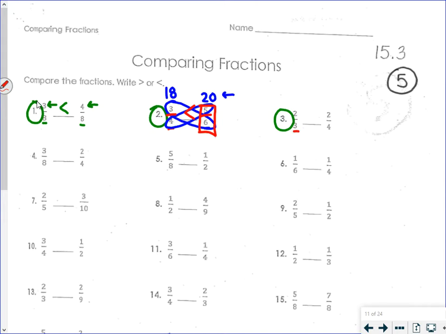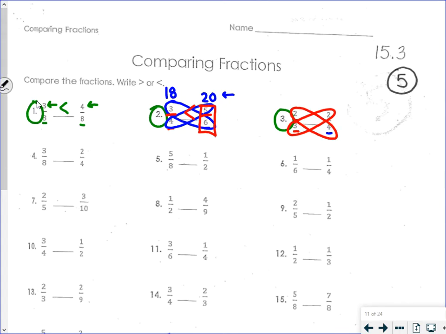So I see that they're different numerators, or different denominators, excuse me. So 3/4 or 2/3, and we got a 4, okay? So I'm going to do our butterfly trick. I'm going to make our butterfly over here, okay?